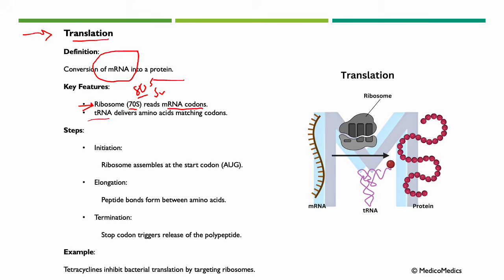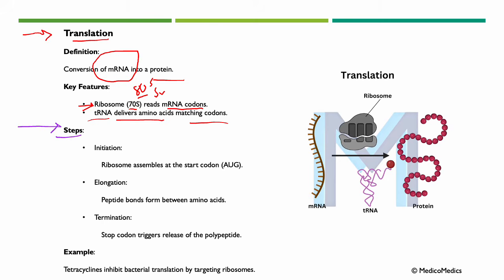And tRNA, which stands for transfer RNA, carries or delivers specific amino acids that correspond to these codons in the mRNA. And the genetic code is universal, with each codon specifying a particular amino acid.